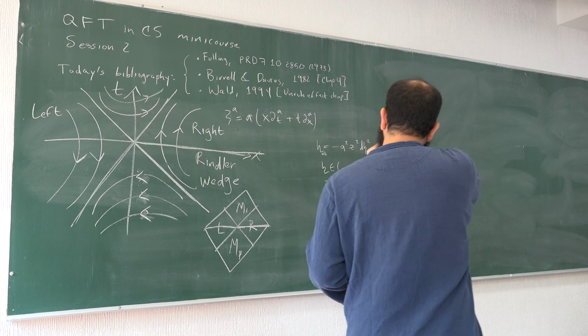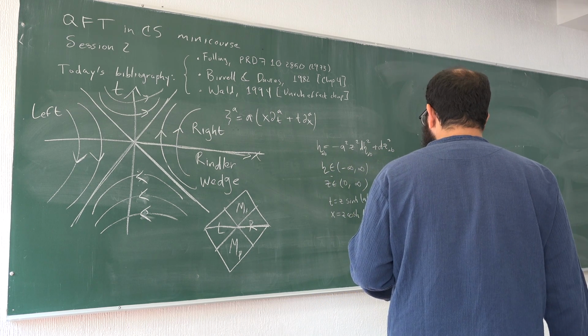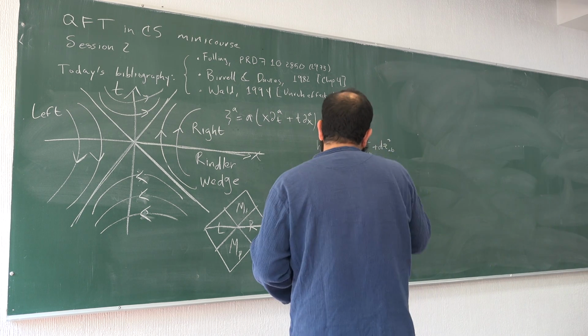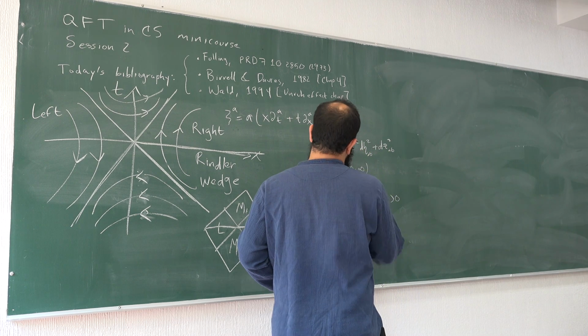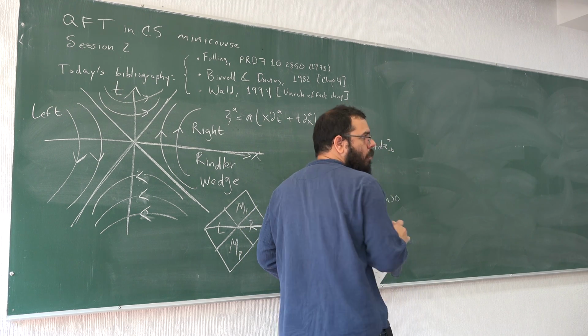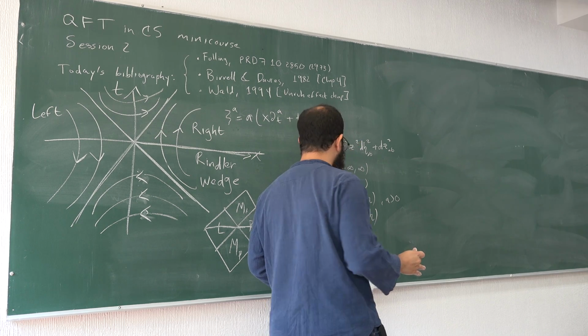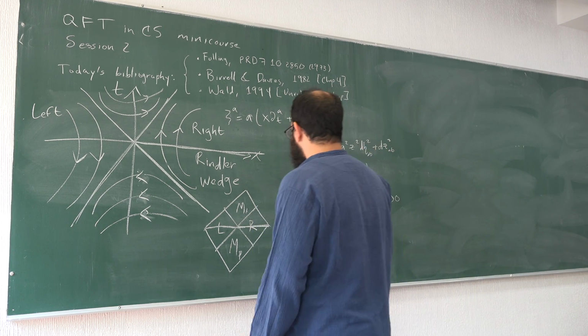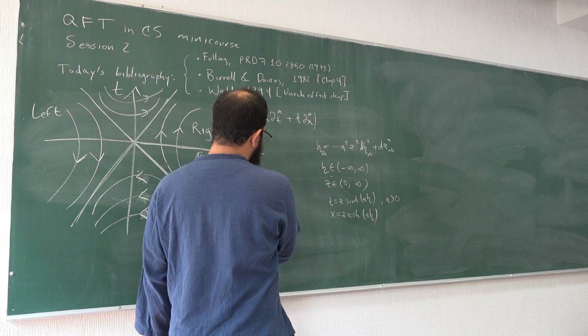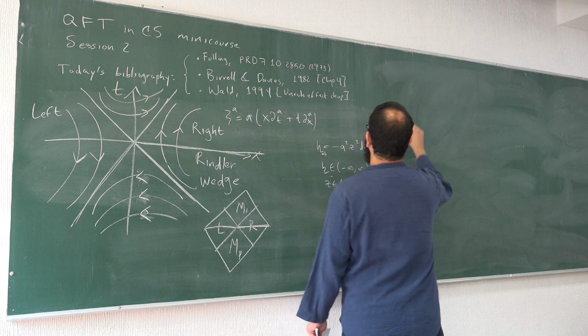And so this is the same Minkowski flat metric written in a different set of coordinates. Okay? And it is a set of coordinates that covers the right wedge in a particularly nice way.